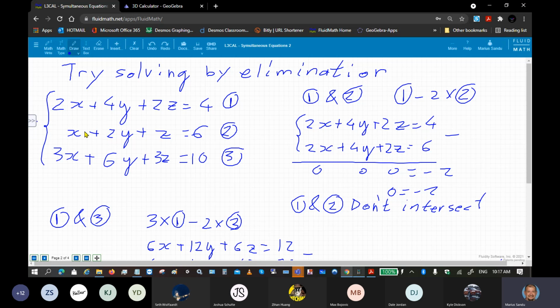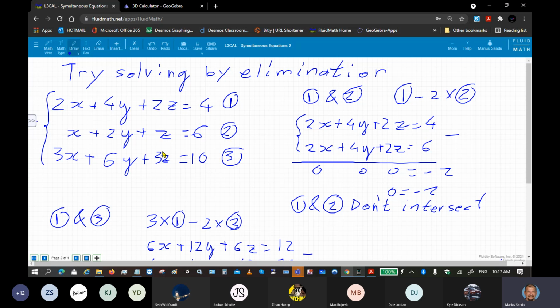Again, with equation 2 and equation 3, the same scenario applies. If plane 2 is parallel to plane 1 and to plane 3, that means that plane 1 and plane 3 are also parallel.